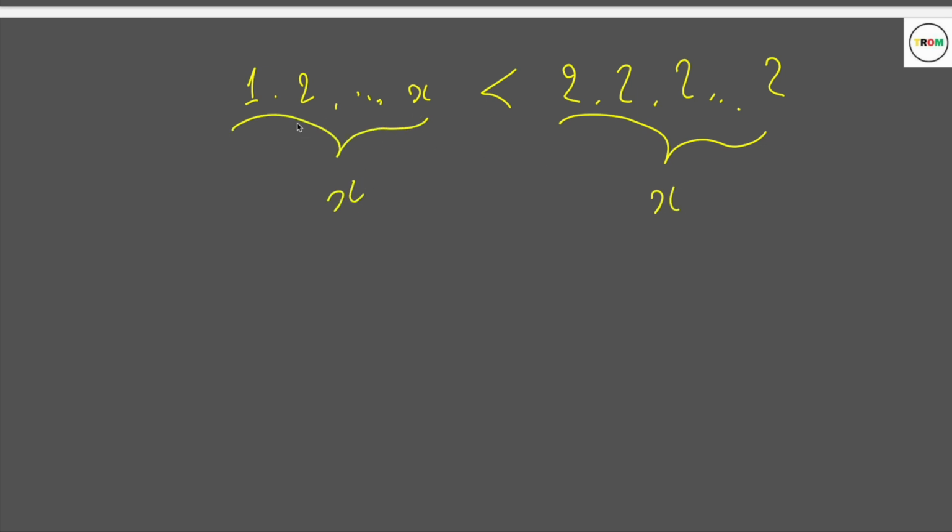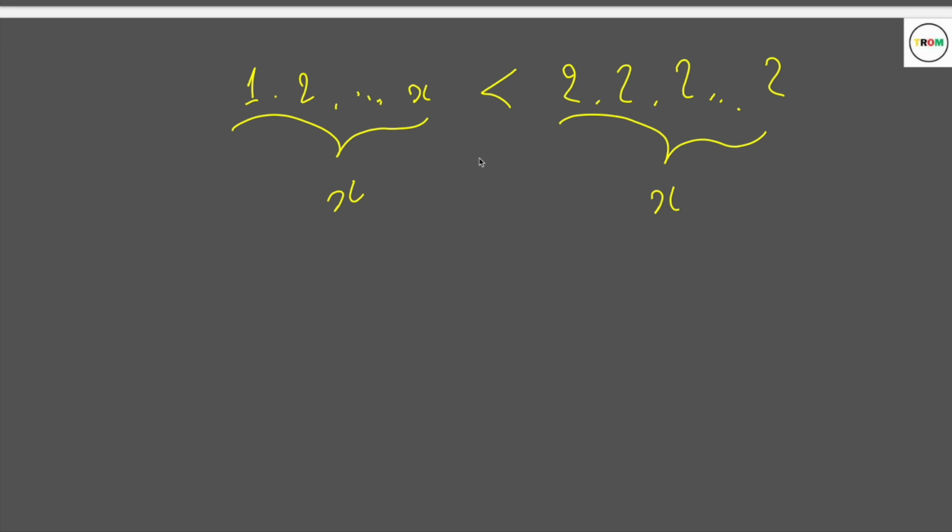And from the above explanation, you can see that if x equals 1, 2, or 3, then this is correct. But if x is greater than or equal to 4, this inequality is not correct anymore.